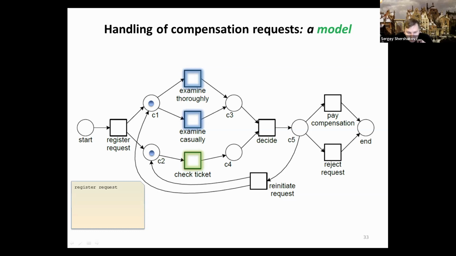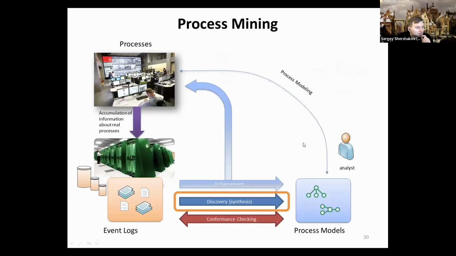I have a question in chat from Valeria Strantsova: I do not understand exactly what conformance checking means. Conformance checking, let me go one slide back. Conformance checking means that we have a model and we have real behavior, and we try to fit the real behavior with the model, and we want to see whether it fits perfectly or there are some deviations.